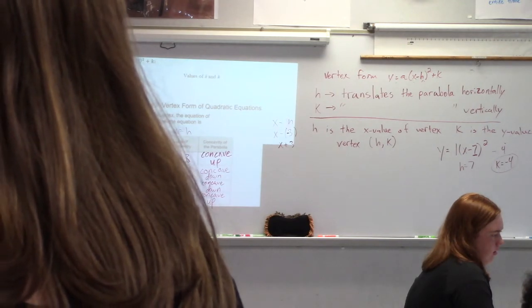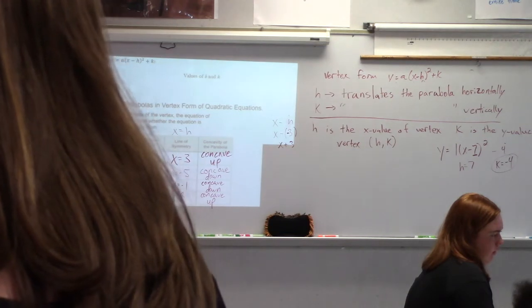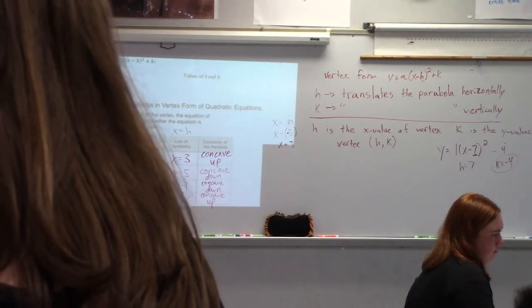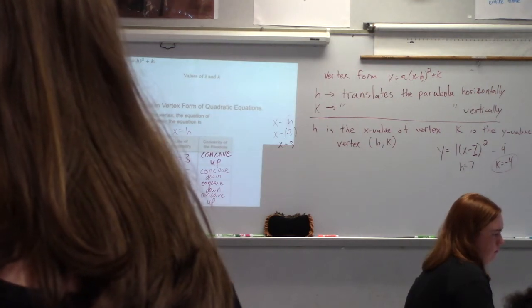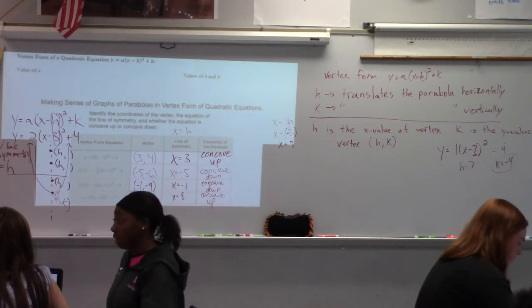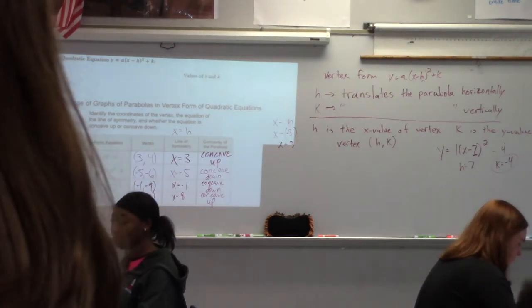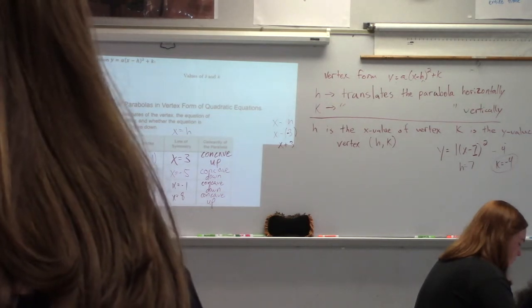It's a line. You said earlier when A is negative, it's going to go down. So when A is negative, it's concave down, right? And when it's 0, it's a straight line.